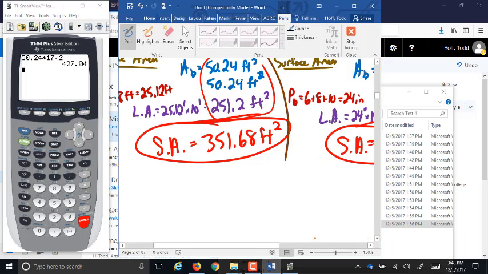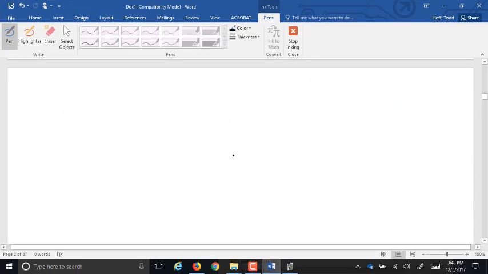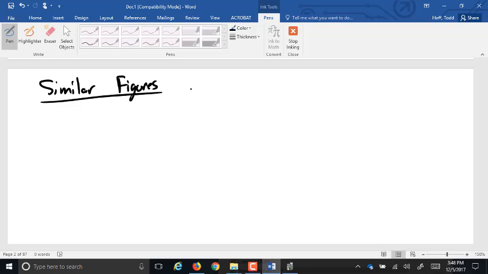Okay, keeping with the geometry, the next thing we're going to talk about today is similar figures. Similar figures are created literally by taking an enlargement or a reduction of another.